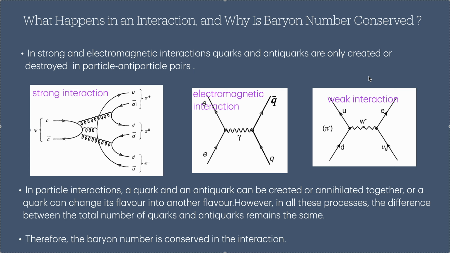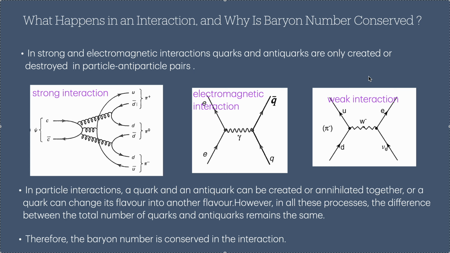According to the standard model, which is the best model describing fundamental particles and their interactions, it includes 3 out of 4 fundamental interactions: strong, electromagnetic and weak interactions. In strong and electromagnetic interactions, it is possible that a quark and antiquark are created or annihilated in a particle-antiparticle pair.